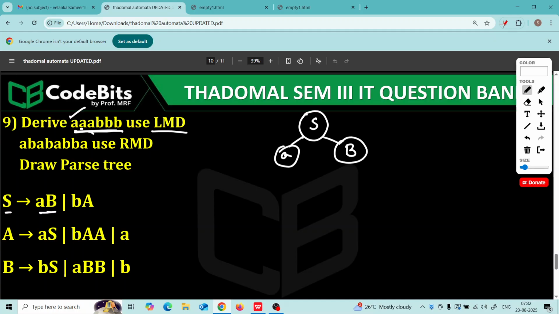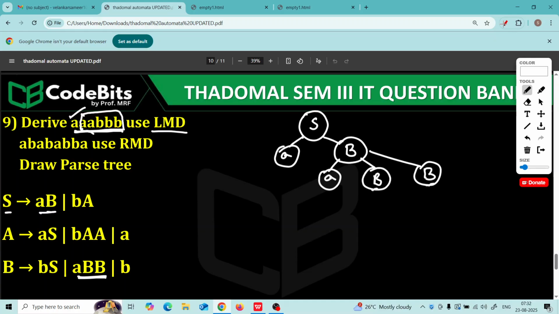Now capital B should give us the rest of this string. Then B should be aBB. Only then will I get the second letter a. Now these two B's are pending, correct? Now don't think of LMD or RMD. When you are drawing the parse tree, you can use either LMD or RMD, you will get the same parse tree.